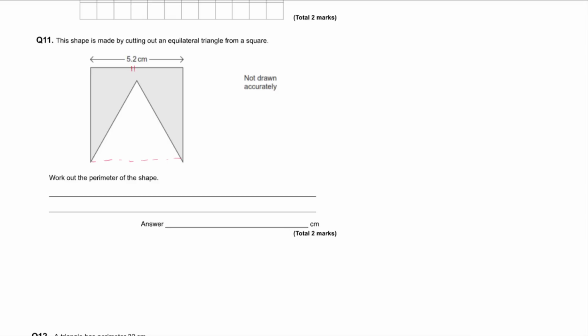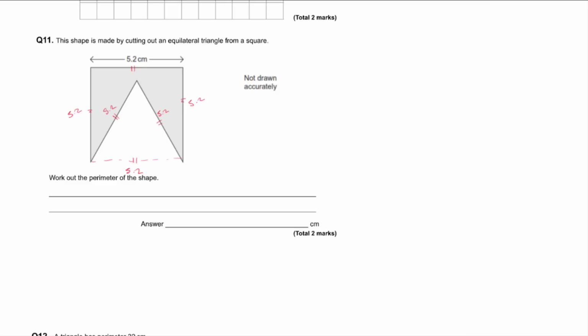So that side there must be equal to that one there, so that one must be 5.2 as well. But because this is an equilateral triangle, then that must be 5.2 and that must be 5.2 as well. Okay, and because it's a square, this must be 5.2 and this must be 5.2 as well. So that's 5.2 and that's 5.2.